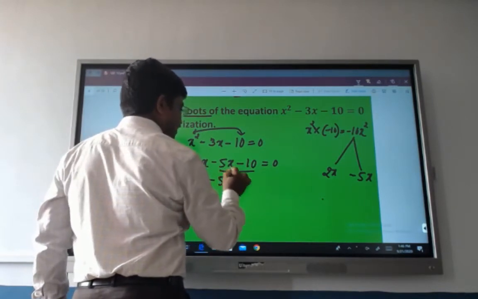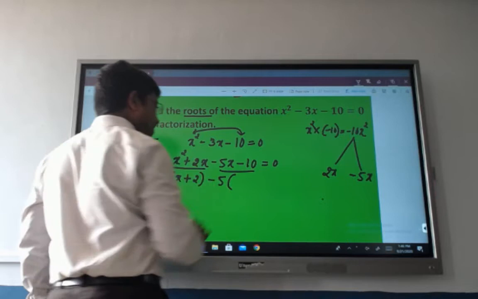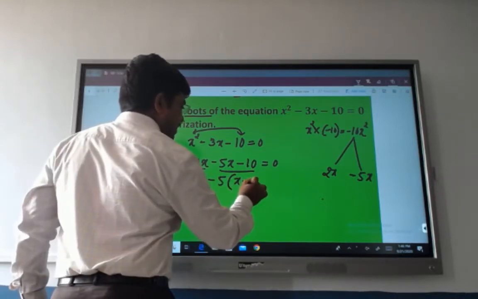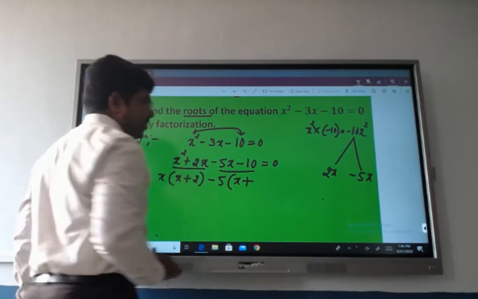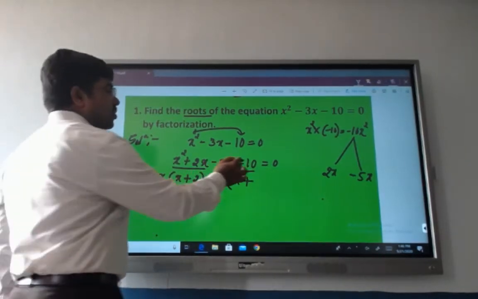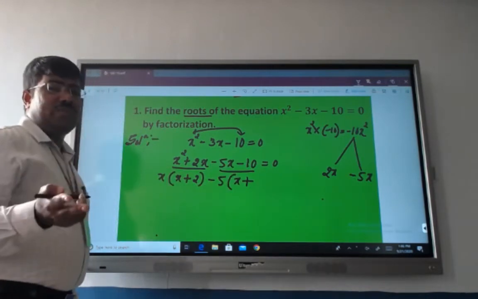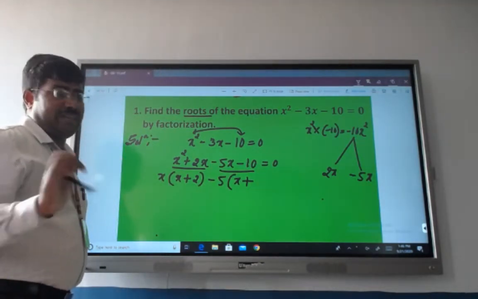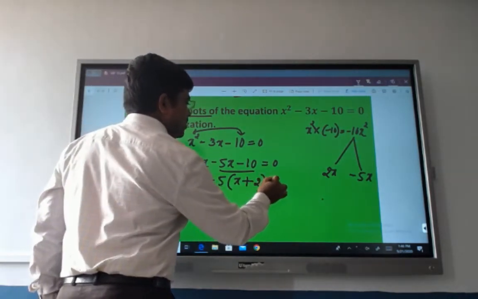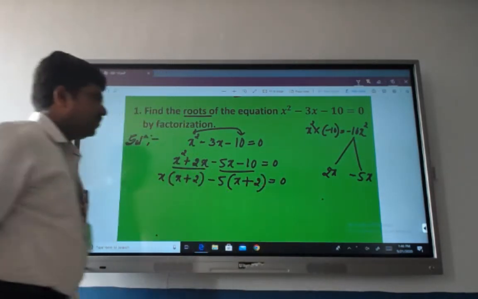After that what is left? 5 is already outside, x we can write here, and plus we take here, because minus into plus gives minus. 10 is the product of two factors, 2 fives are 10. So here 5 is there, 2 is left, equal to 0.